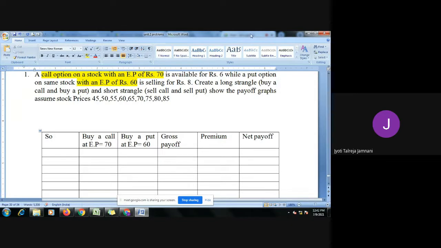Now, when we buy a call and when we buy a put, we have to pay premium. So the premium will be -6 we pay for a call option and -8 we pay for a put option. So -6 -8, the net premium will be -14.